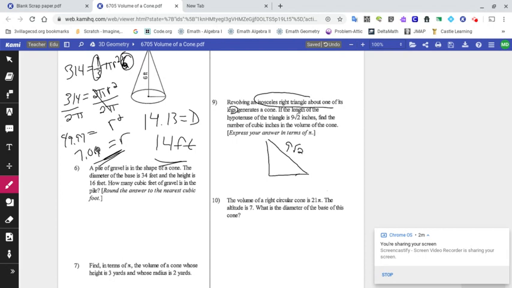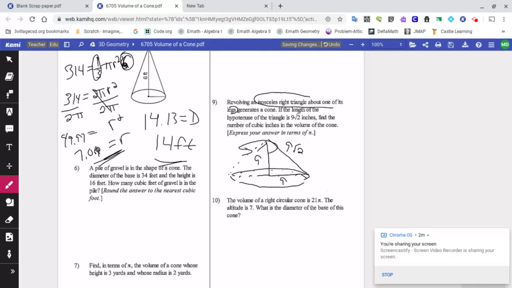You'll remember from our special right triangles that if this is an isosceles right triangle, each of these legs is 9. If I rotate that around one of its legs, I get a cone that looks like this.